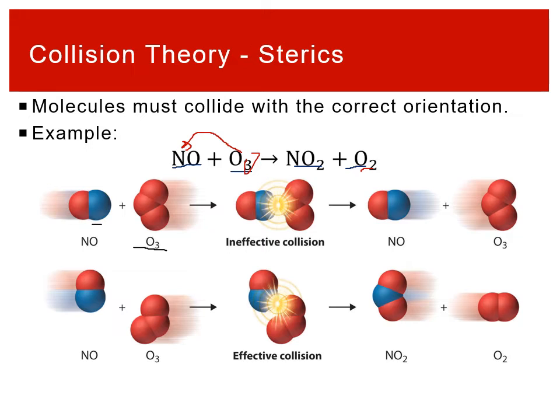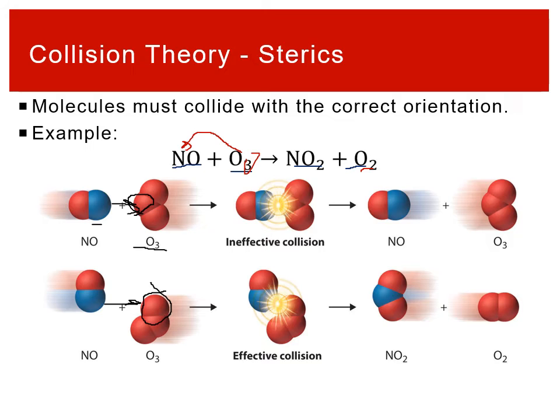But the thing is, if we think about colliding, if it were to collide with this central oxygen atom, that's not likely to be a successful reaction because it's trying to form a bond with only one oxygen atom, and that is in the middle of this molecule. You'd be taking an atom out of the middle of the molecule. Instead, it has to collide with one of the outside oxygens.